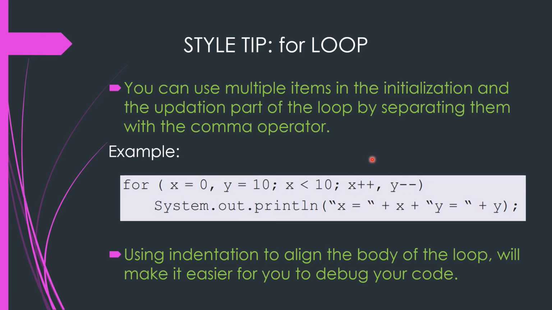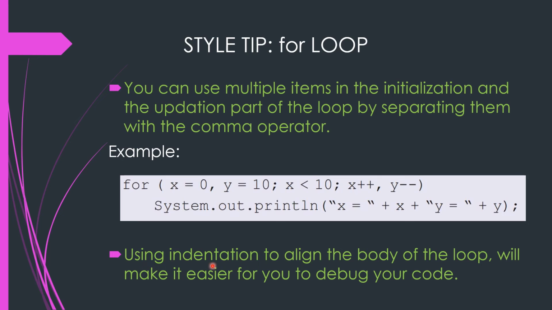We also want multiple items in the updation part, so here we have used the comma operator again. Also, you can see here we have omitted the curly braces, because here also the body of the loop has only one statement.